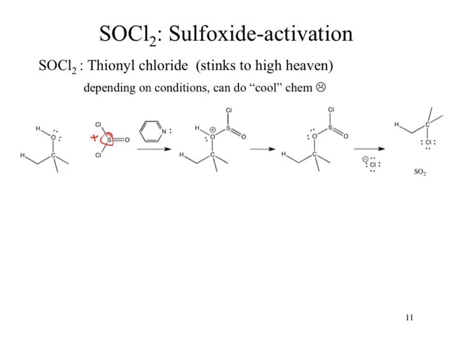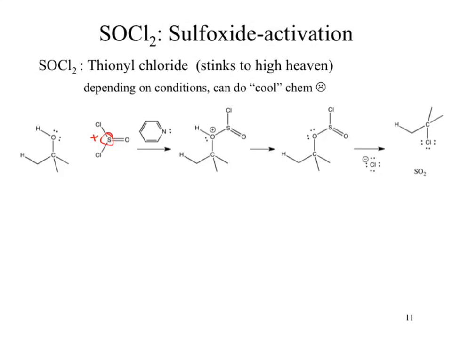So when we use thionyl chloride, we tend to see an inversion of the stereochemistry. That's one of the key places that you'll see thionyl chloride show up. You won't see it show up in reference to a tertiary substrate because the reaction is so slow that we aren't really concerned about it.